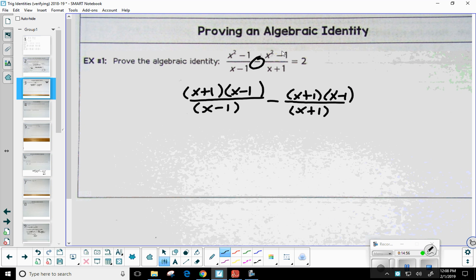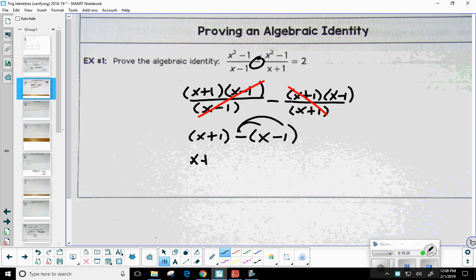Well, does anybody notice anything? Yeah. So I have x minus 1 group factors here, x plus 1 group factors here. So I've got x plus 1 minus x minus 1. And what am I going to have to do with the parentheses when I drop them? There you go. That's exactly right. I'm going to have to distribute that negative.